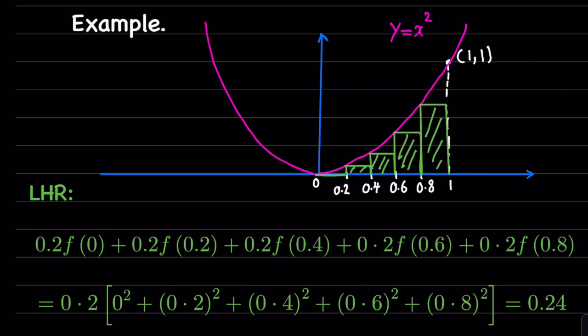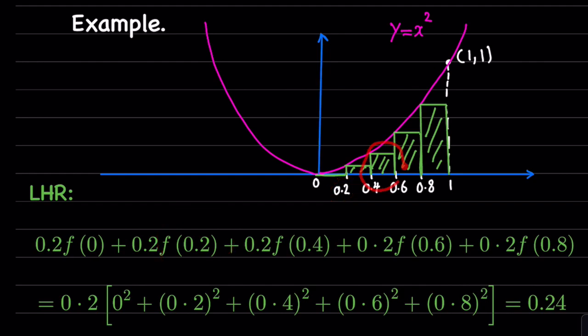And now what you do is very similar to what we did in the previous example. I'm going to add up the areas of all these 5 rectangles. So this is 0.2, the length of this side, multiplied by the value of the function on the left-hand side. For the second rectangle, it's this side, which is again 0.2, multiplied by the value of the function on the left-hand side, which is f of 0.2.